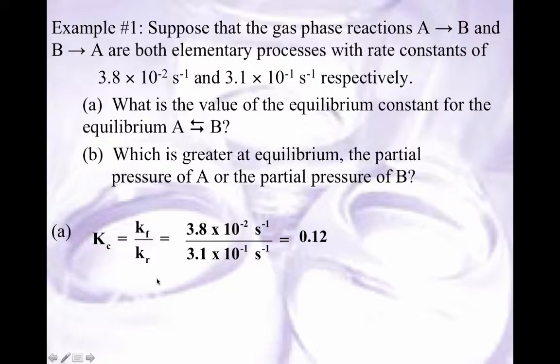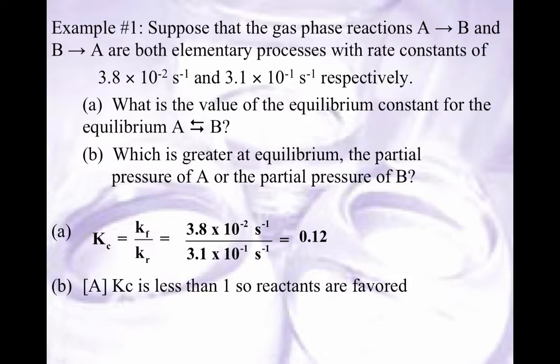It's always products over reactants. So if you have a small number, that means that the number on the bottom is bigger. So the number of reactants is actually larger than the number of products. So because Kc is less than 1, reactants are favored, so the partial pressure of A is greater.